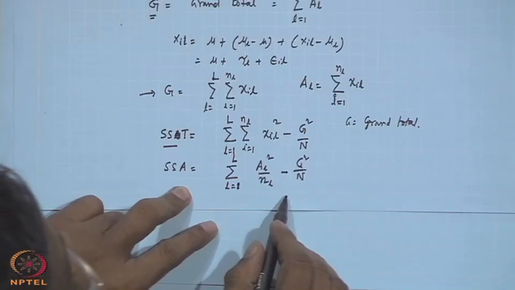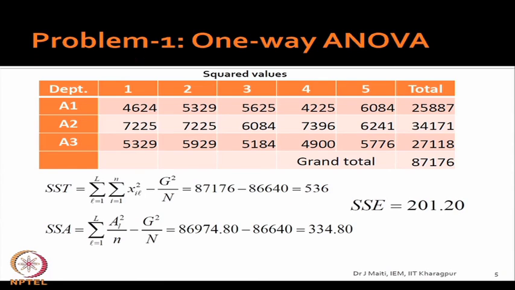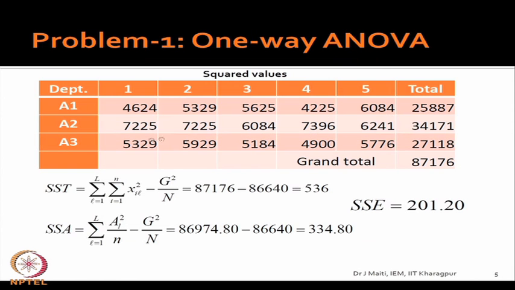Okay. So, if you see here in this slide, you see what we have written, these are all the earlier values, the 68, 73, 75 like this, and these values are squared. This is the sum of squared values across A1, across A2, across A3, and finally this is the grand sum of squared values.